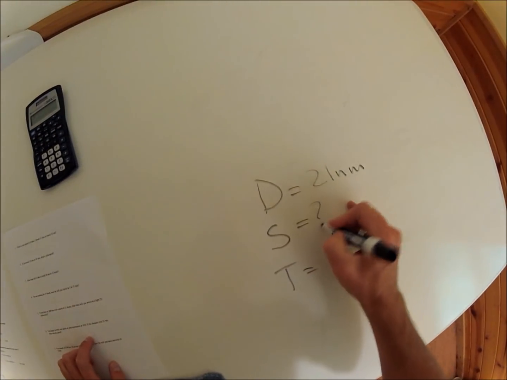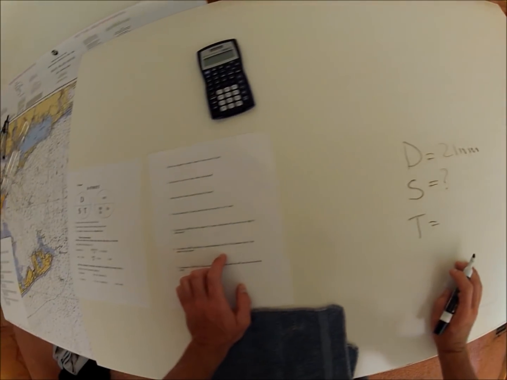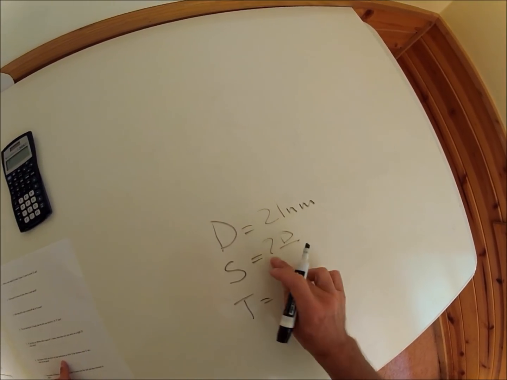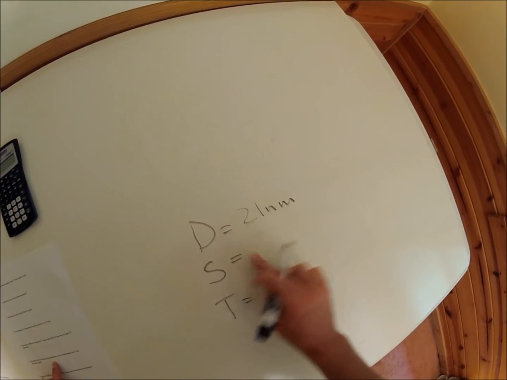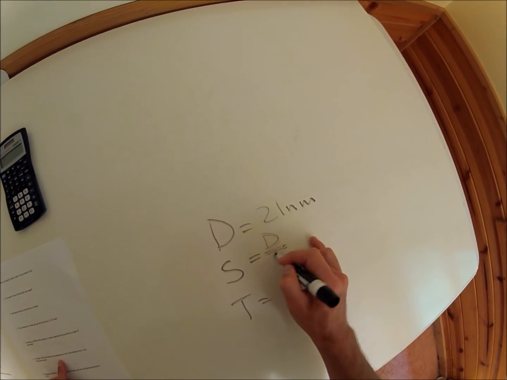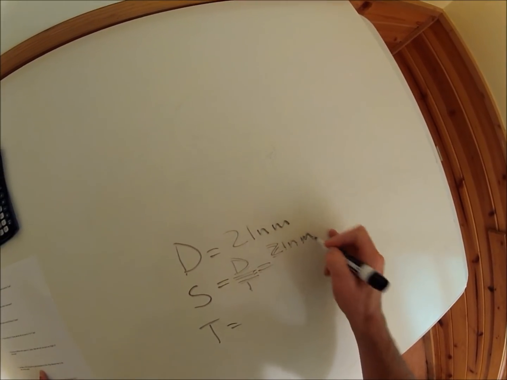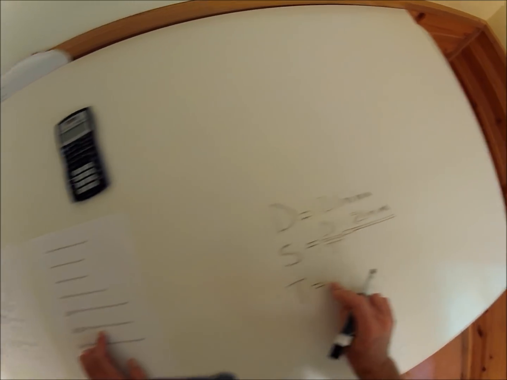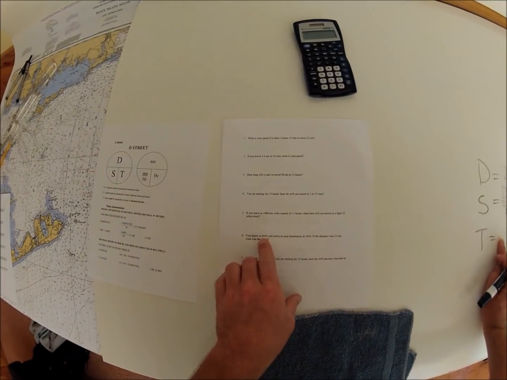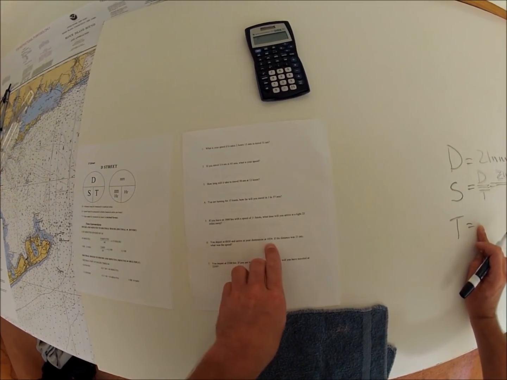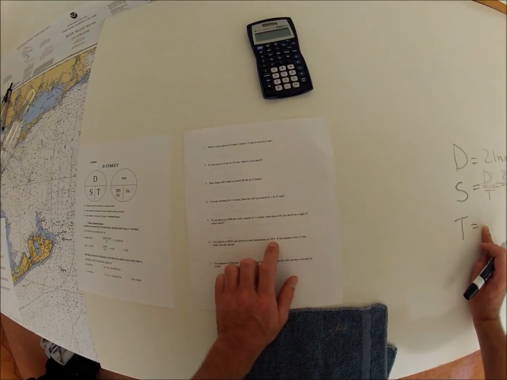It wants to know speed. And speed is equal to distance over time. Right? We have our distance, 21 nautical miles. What was our time? Well, we can get our time. You depart at 9:30 and you arrive at 10:54.